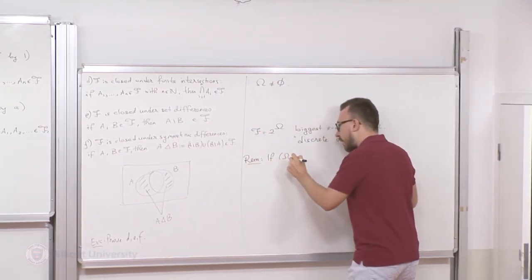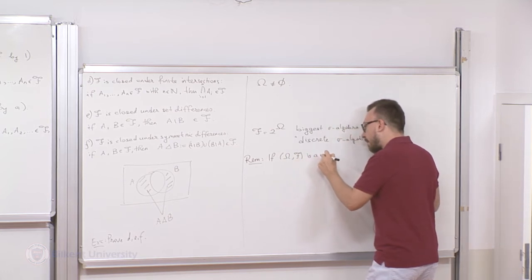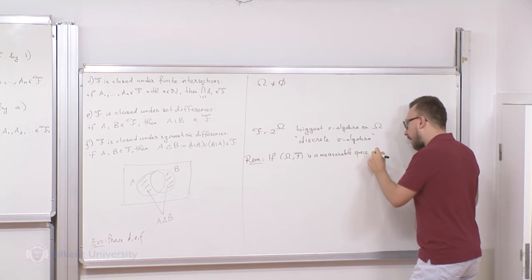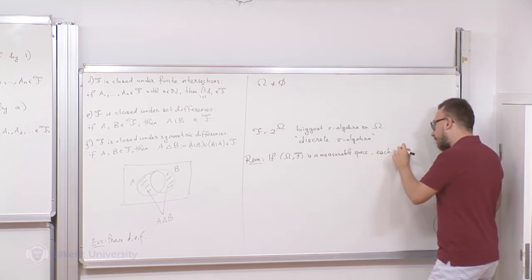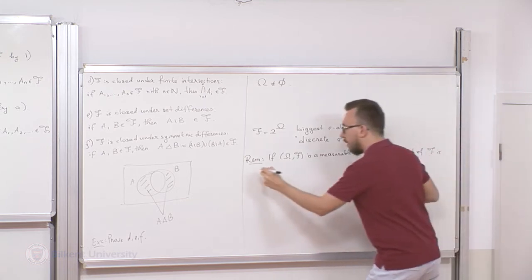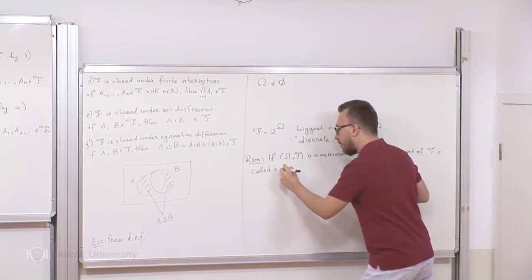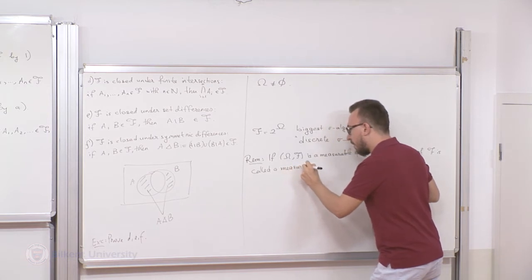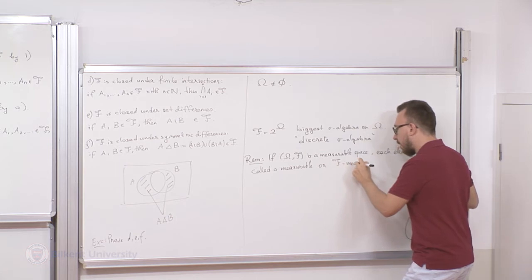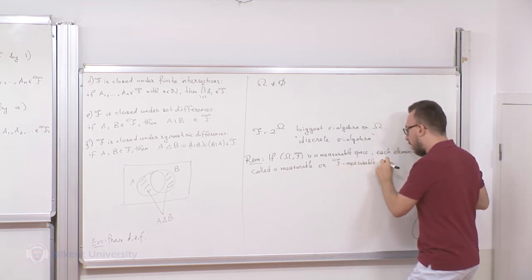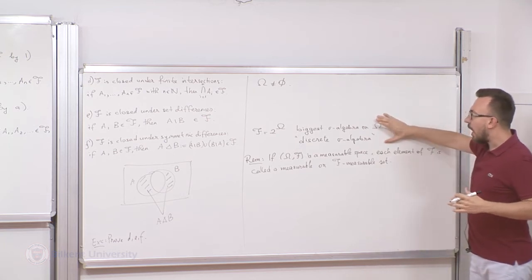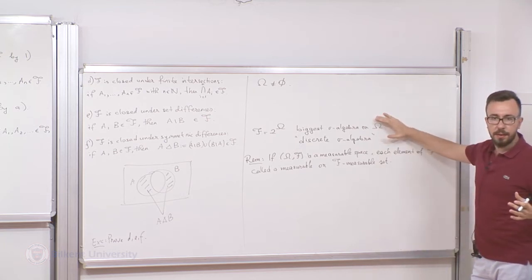If omega, F is a measurable space, each element of F is called a measurable set, or F-measurable set. Okay? So this means in the discrete sigma algebra, all sets are measurable.